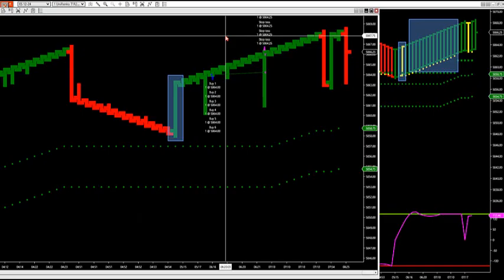Primarily, all the indicators on all these different trading platforms are designed to counter trend trade the market. The market's designed for you to lose, basically. So if you're counter trend trading, the market's designed for you to lose.